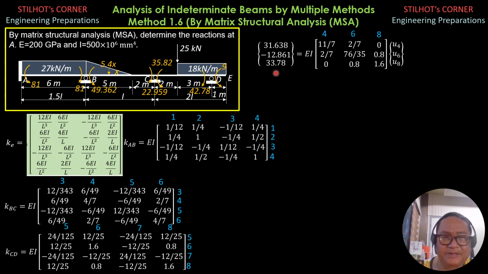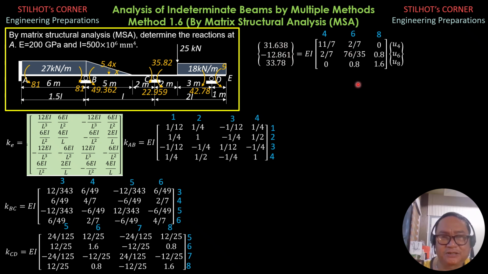So remember, these are the net nodal loads at B, C, and D respectively. To solve for U4, U6, U8, which correspond to theta B, theta C, and theta D, we have to multiply the inverse of the global stiffness matrix and the force matrix here.